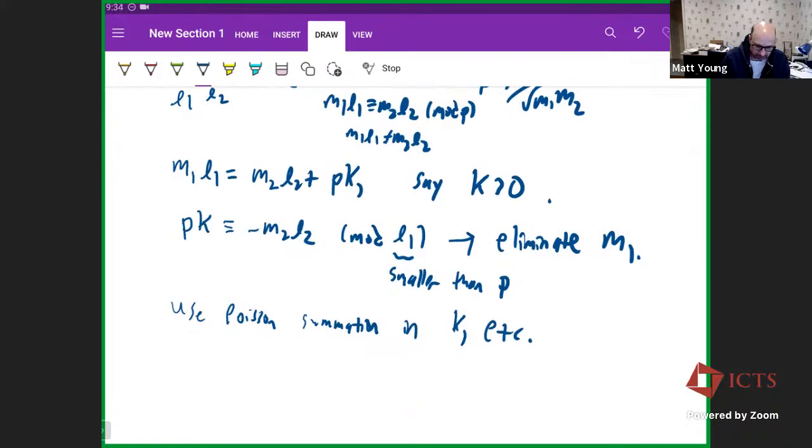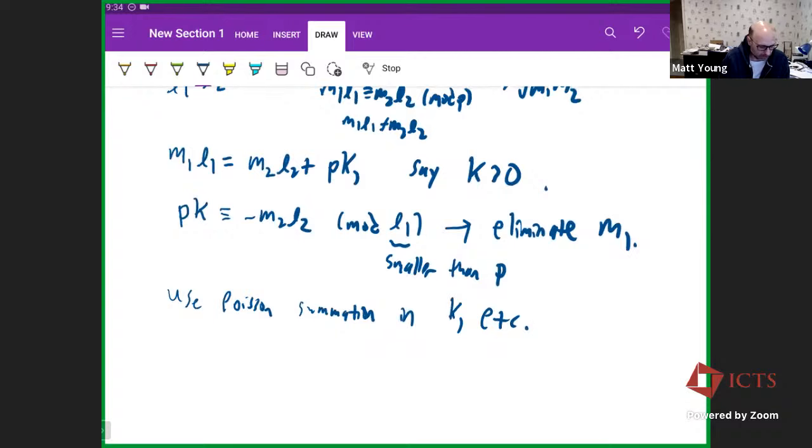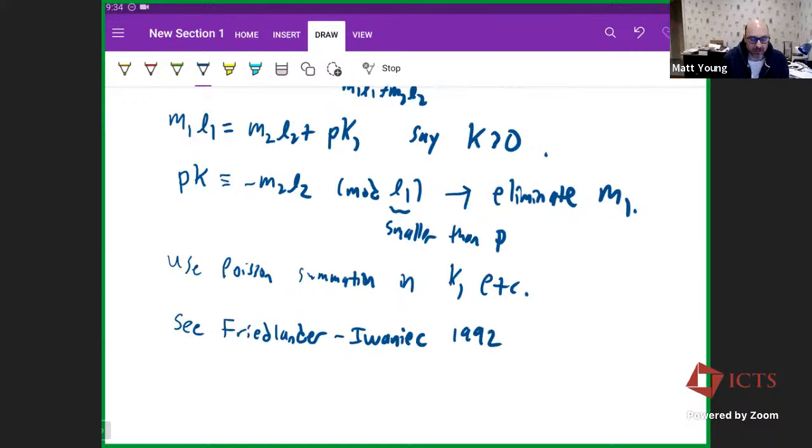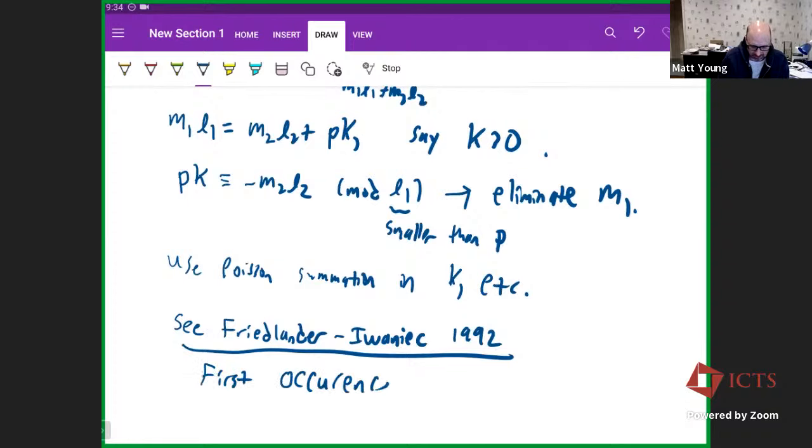If you want to actually see what can be done here, there are a couple of papers you might look at. This is the problem that was studied in the paper by Friedlander and Iwaniec from 1992, and this is the paper that introduced the amplifier. So this is the first occurrence of an amplifier.